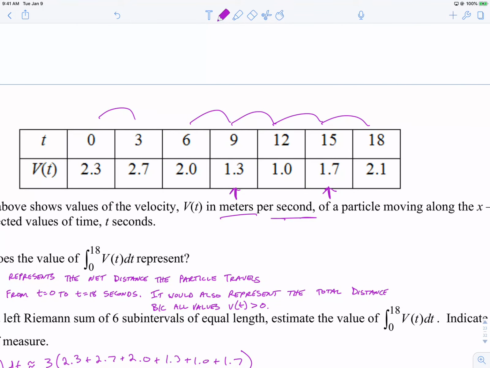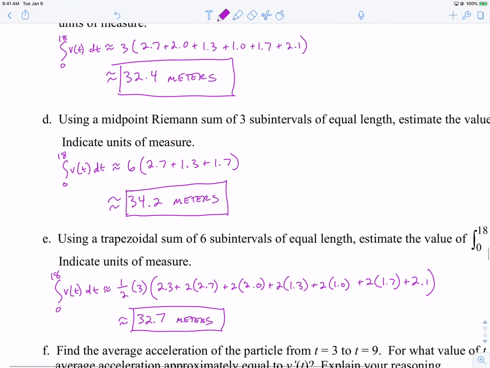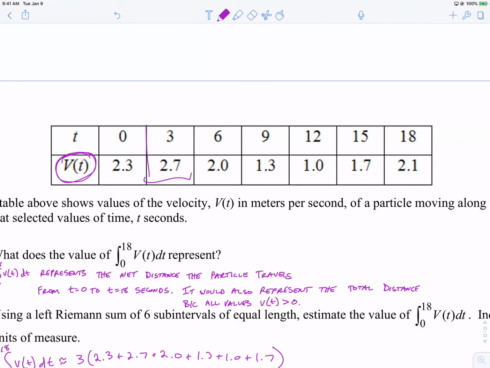So remember, we've got velocity here. So if we do the average rate of change of velocity, right, that means the change in velocity divided by the change in time. If we do that average rate of change of velocity, that's really the average acceleration. Rate of change of velocity is also known as acceleration. From 3 to 9. Whoops. So we're doing the average from 3 to 9.